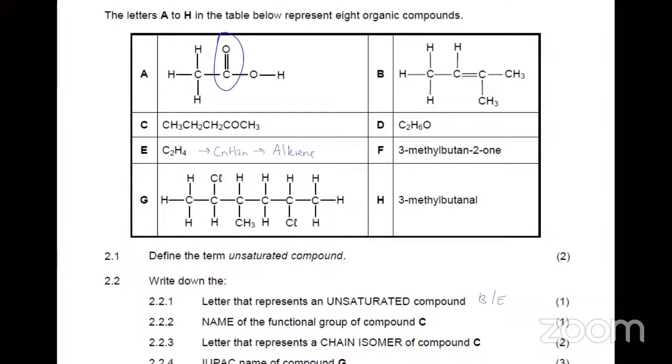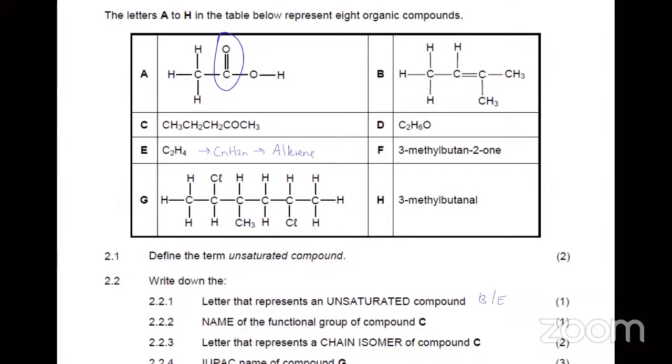But you wouldn't pick A because when we talk about saturated or unsaturated, we talk about double bonds between the carbon atoms. In that case, that is a carboxylic acid, and it has a double bond between the carbon and the oxygen. That's not between carbon and carbon. When we talk about saturated and unsaturated, we're looking between the carbons. So we talk about B or E.